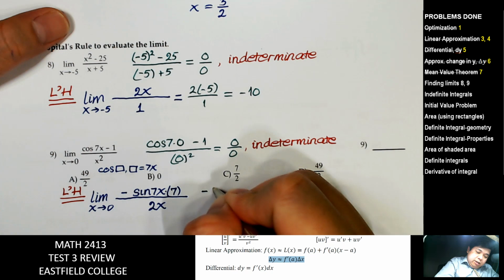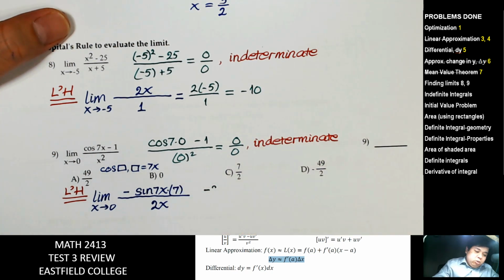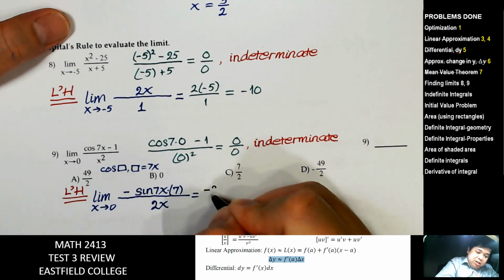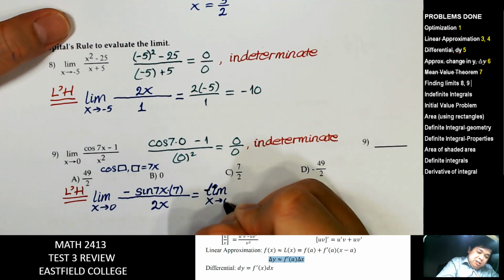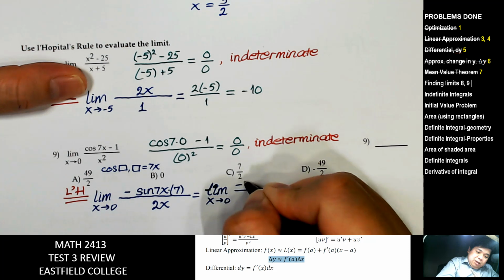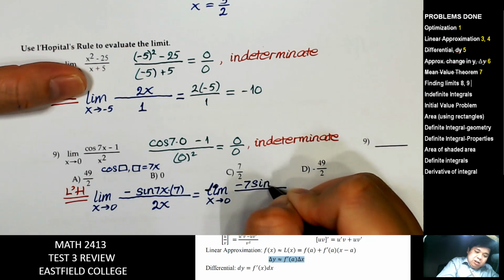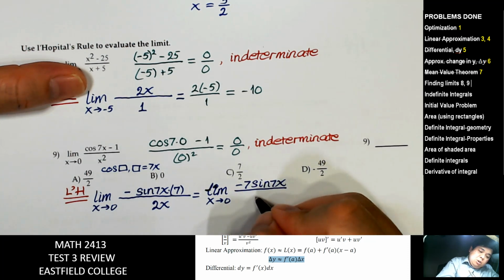By the way, let's just rewrite this, it looks a bit silly. So the limit of negative 7 sine of 7x over 2x.